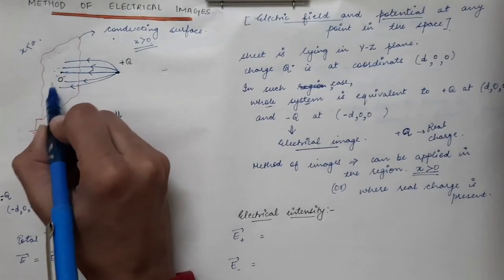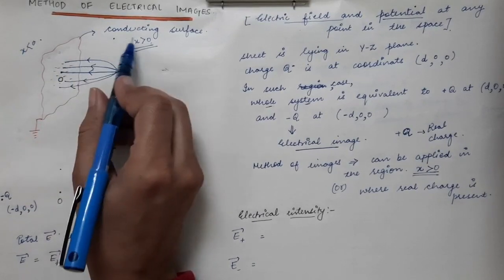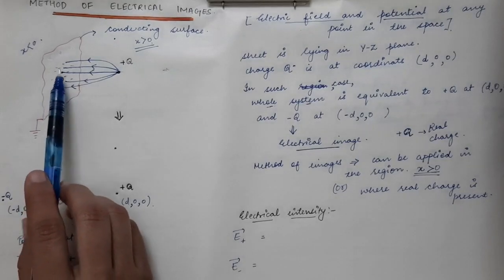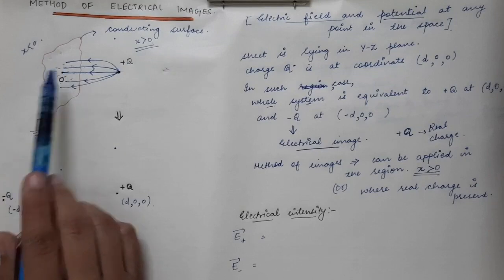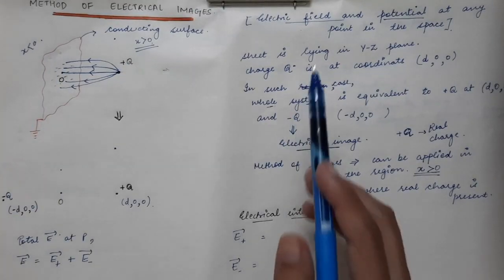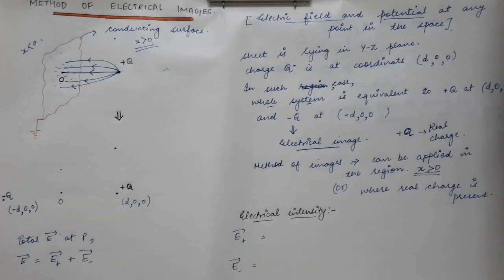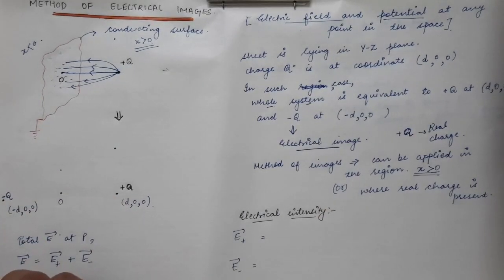So this minus Q charge is induced in some particular region of the conducting surface. And as you can see, there is no electric field line on the left hand side. So therefore this system is not applied to find the electric field and electric potential on the left hand side, or you can say the region where no real charge is present.